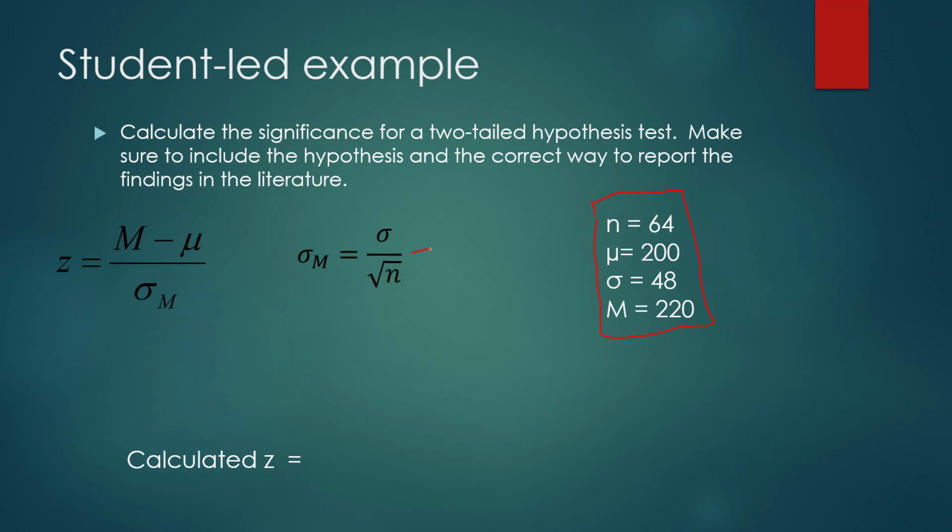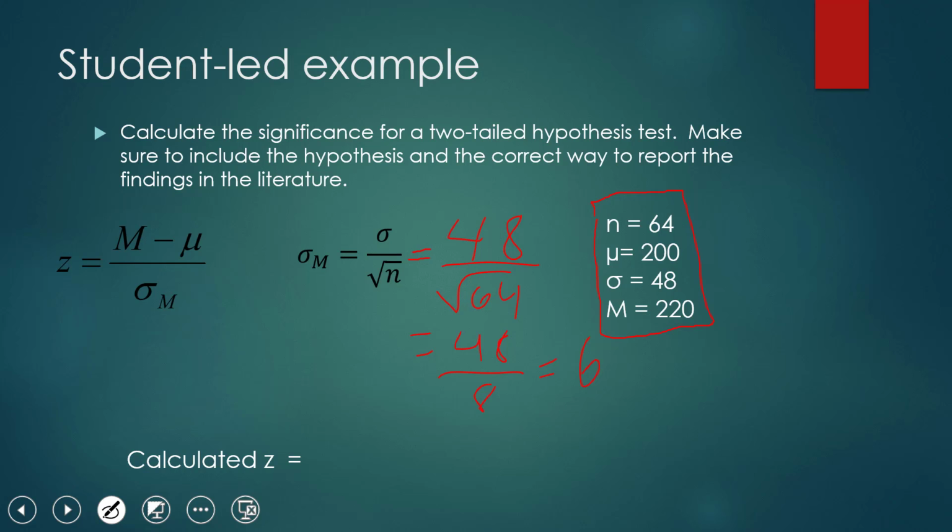So here, the standard error equals 48 over the square root of 64. So that's going to end up equaling 48 over 8, which equals 6.